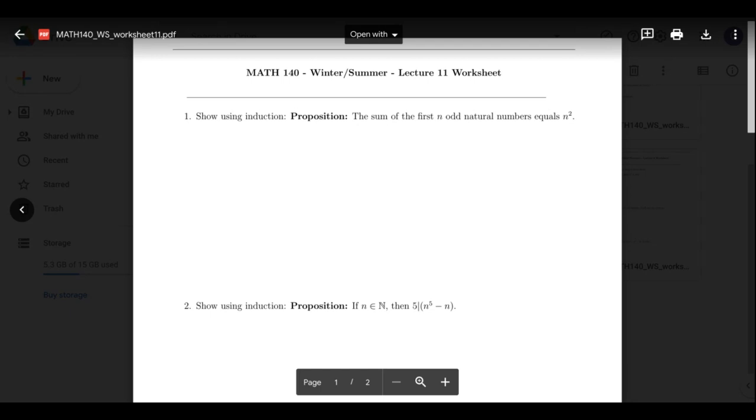What's the statement? 1 plus 3 plus up to the nth odd natural number, 2n minus 1, equals n squared. Then prove P of n plus 1. You need to show P of 1 is true. You need to write it out.